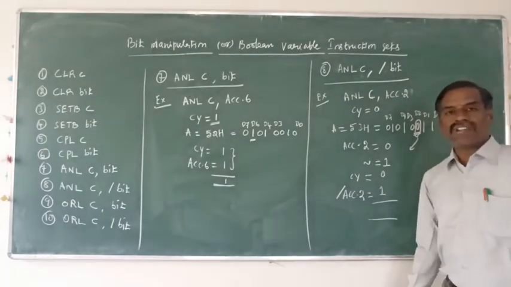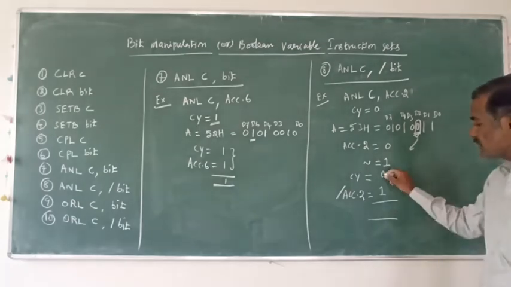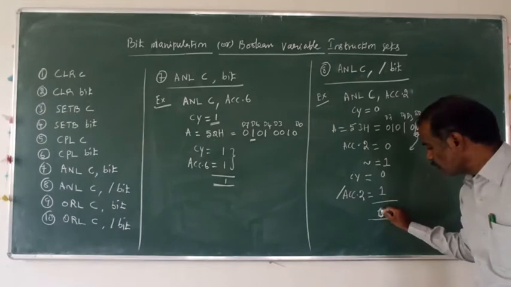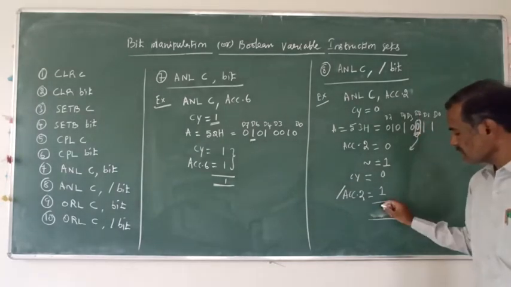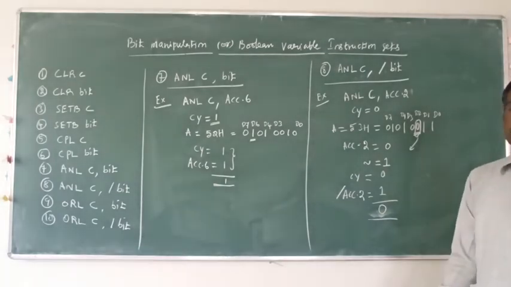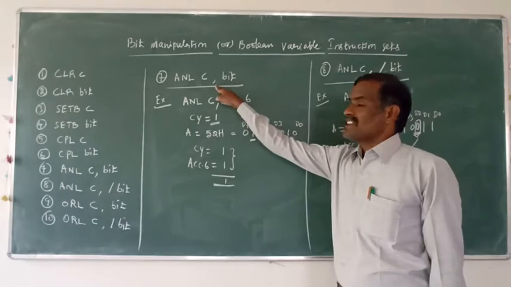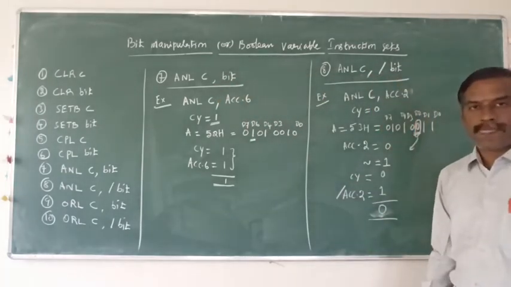In AND operation, if any one of the inputs is low, output is low. This output is low condition, 0. Okay. This is the operation of logically AND carry with that particular bit position. Okay.